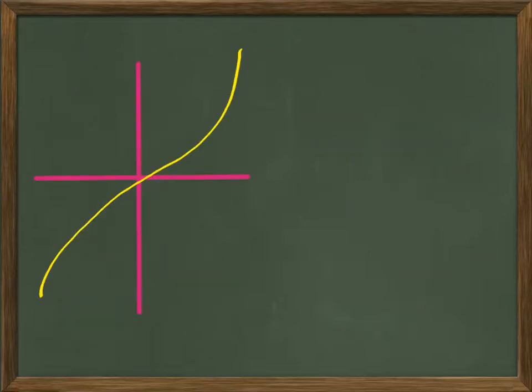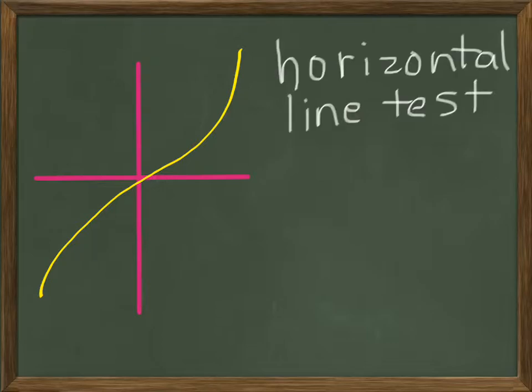Let's look at some graphical representation. This graph represents a function, and we can tell it's a function because it passes the vertical line test. In order to know if its inverse is a function, we're going to use the horizontal line test. The horizontal line test will help us determine if this function has an inverse that is also a function.